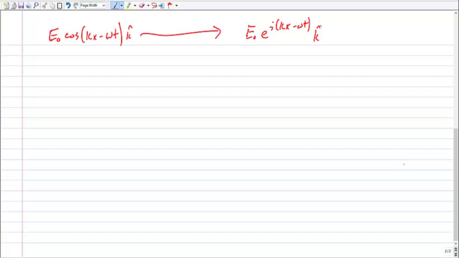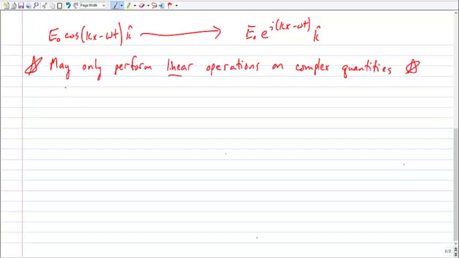In E&M, you are restricted to only performing linear operations on complex quantities. So operations where you multiply by scalars, add stuff together, stuff like this. If you only perform linear operations on your quantities, you can do that as many times as you want, and then when you're done, take the real part of what remains, and that is the actual field that you have.